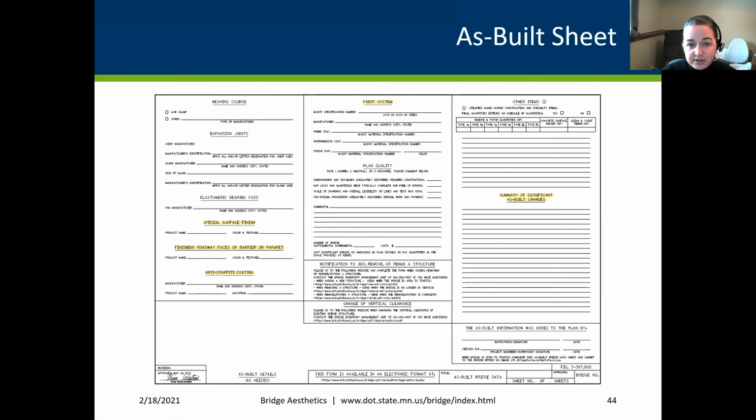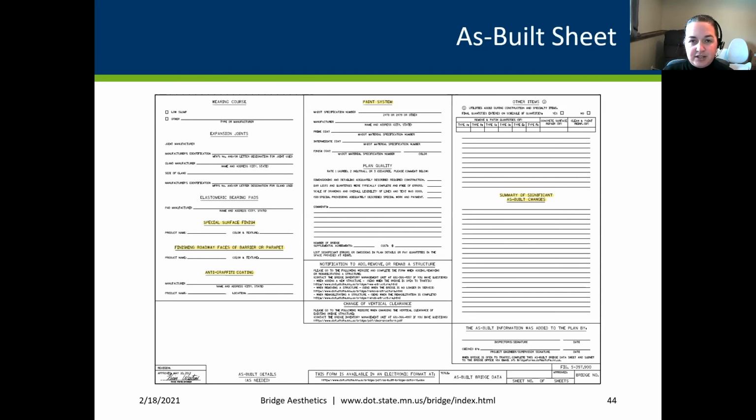We do require that our as-built sheets are always filled out and turned in. There's a lot of value in as-built sheets that people don't really recognize, such as if we have a failure in something, we want to look at that as-built sheet. A notorious one is Highway 610. We painted the beams green. They faded to a peachy pink color, which is just odd, from green to go to peach or pink.